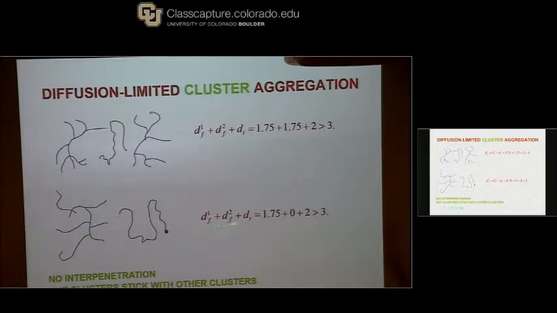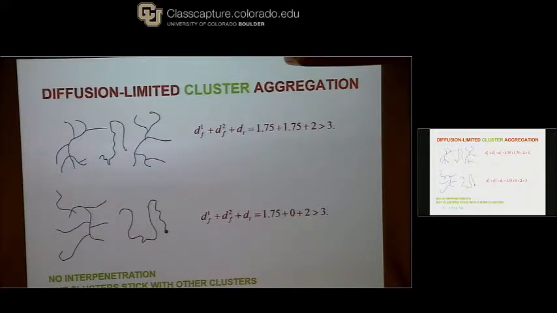Similarly, even if it's a point particle, whose dimension is 0, if it's diffusing, it'll never get inside, right? But if it's not diffusing, if you think of something that can explore anything, that is, it diffuses but it never sticks, that's like having a 0 trajectory dimension.